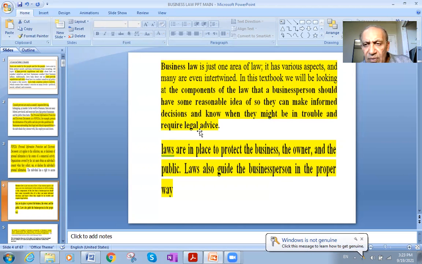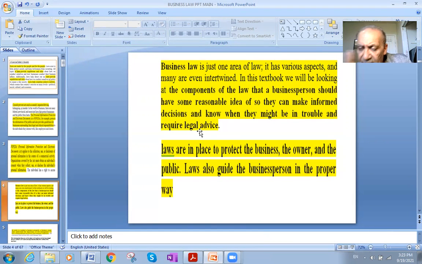So you will know whether what I am doing is right or wrong. If I write an invoice to the buyer with a fixed price, then change the price back, is this legal or illegal? What are the consequences of such behavior? All this you will come to know through business law.